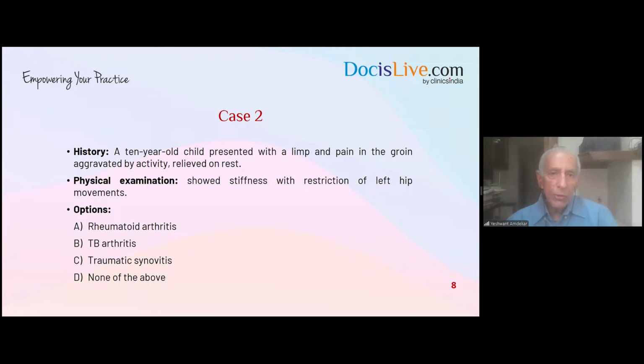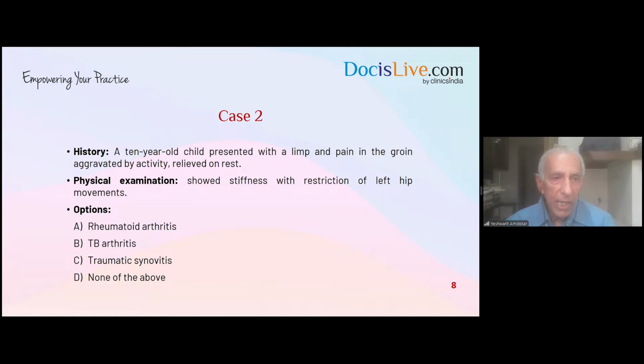It's not important to know what Perthes disease is really, but what happens in Perthes disease is a blood vessel supplying the head of the femur gets blocked, and gradually the head of the femur, devoid of blood supply, starts getting necrosis. And that largely starts causing pain, but on rest he is relieved because there is no movement of the head of the femur.